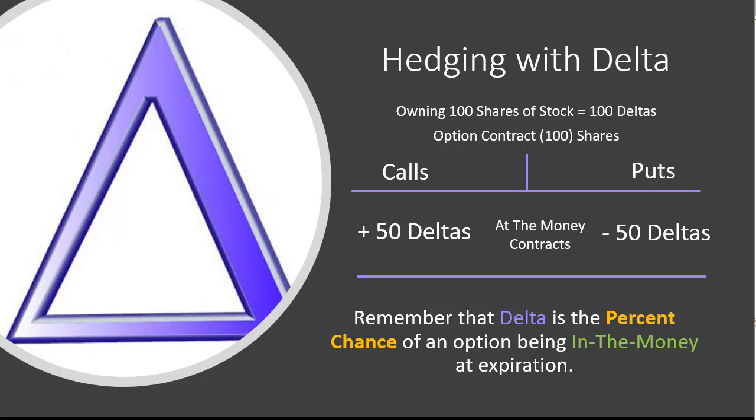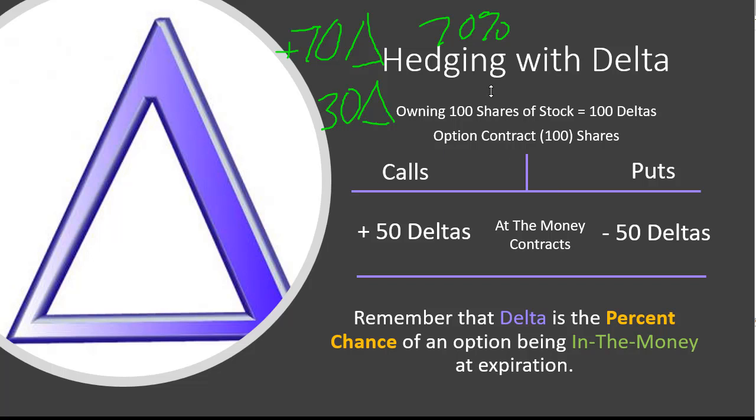Okay, so if we have a 70 delta option, plus 70 deltas, we have an option that has, based on the mathematics, a 70% chance of being in the money. Okay, if we were to sell an option that has 30 deltas, remember the percent chance of being in the money.